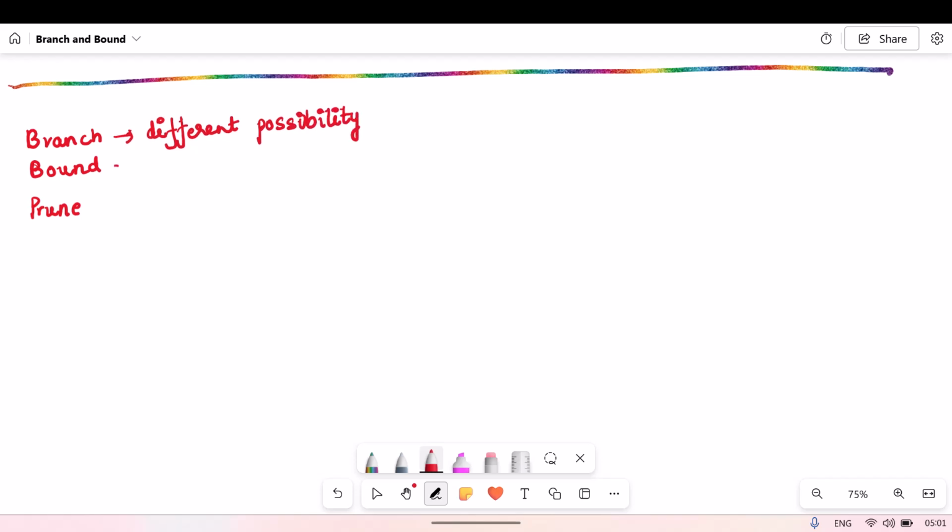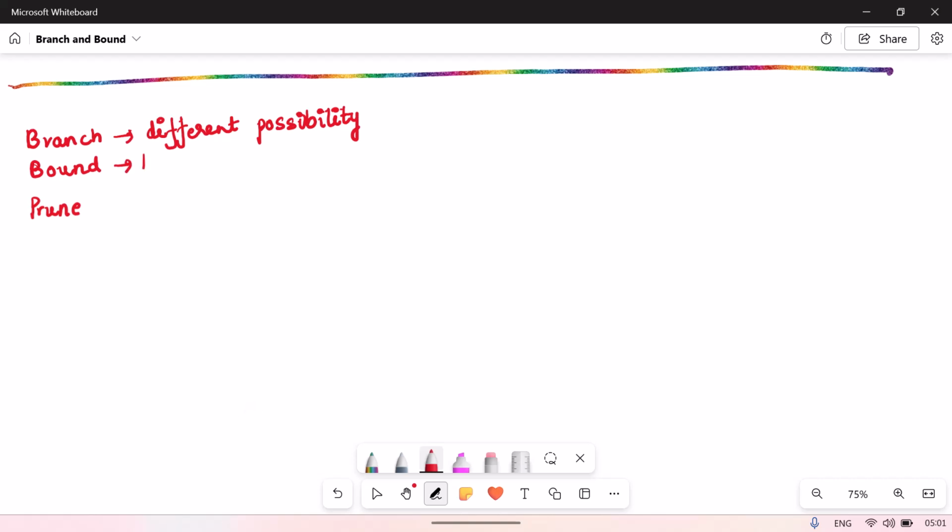And bound means a factor that limits the options. You can't go with all the options, right? You might have to go through one way or more than one way. So this will decide that. It is a factor that limits the options and suggests which path to take.